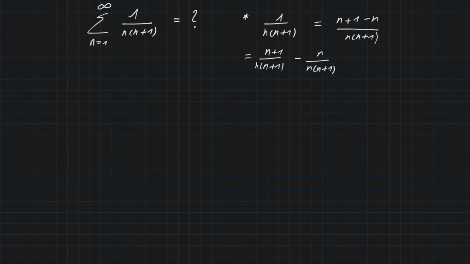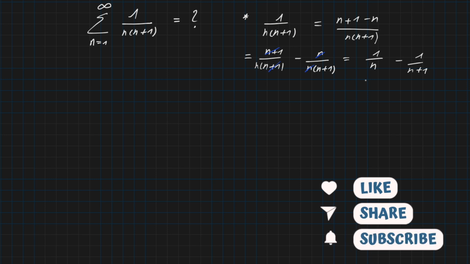And here we can cancel out n plus 1 in the first term and n in the second term, so that we get 1 over n minus 1 over n plus 1. And now we can insert this, the right hand side, into our series.